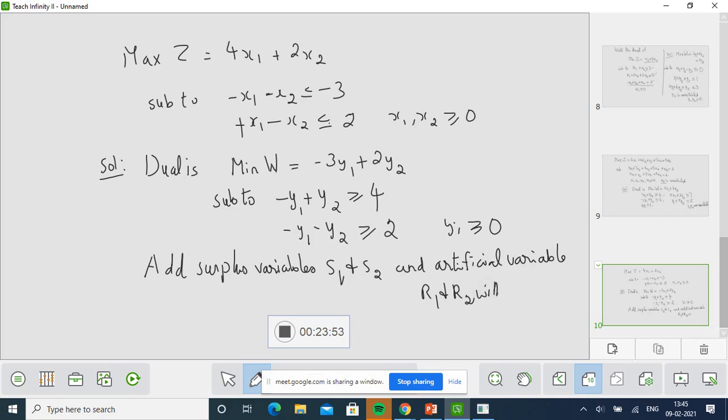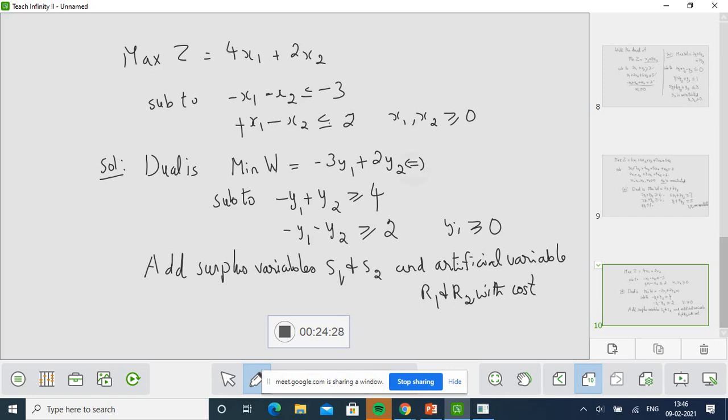What will be our cost for this, plus M or minus M? We are doing a minimization problem, so it is plus M. But how will I rewrite my function? Yesterday I told you I will never keep my function as minimize w.